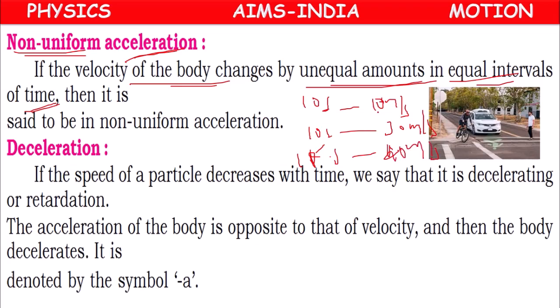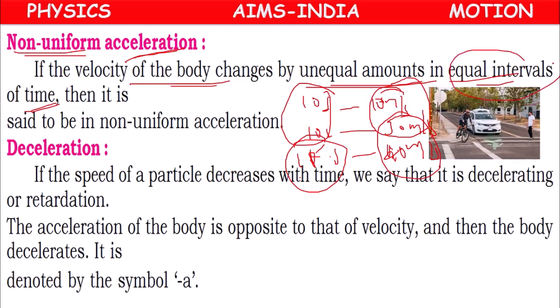First 10 plus 30, 40, 40 plus 10, 50. Here for 10 seconds 20 meters changed. Again for the next 10 seconds 10 meters only changed. Means equal intervals of time but unequal amounts of velocity changing. We can tell that it is non-uniform acceleration.